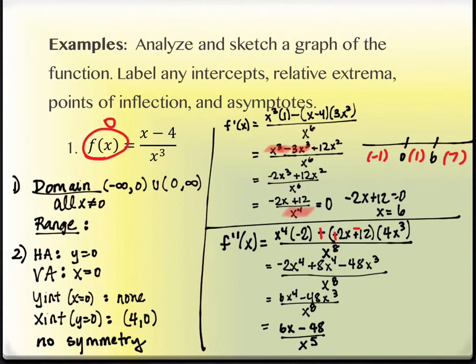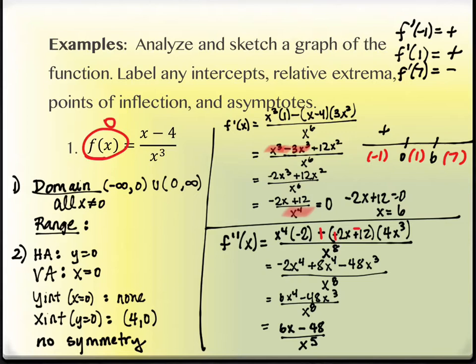If I put in -1, what's going to happen? All right, so I'm putting in f prime of -1, and we get a positive. What if I put in f prime of 1? I get a positive. And then what happens when I do 7?